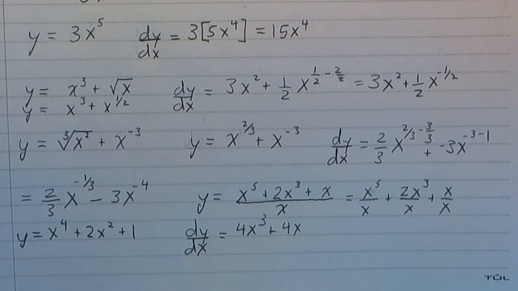A constant doesn't change, so you can't measure the change. The derivative of a constant is 0. Okay, so there are some basic examples of how we can use these properties.